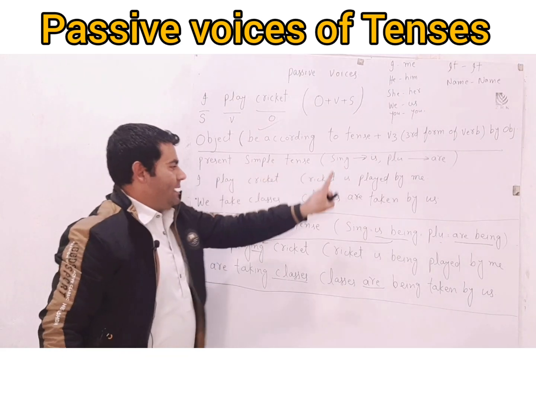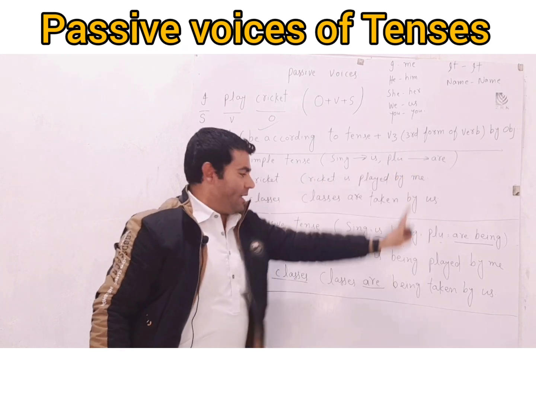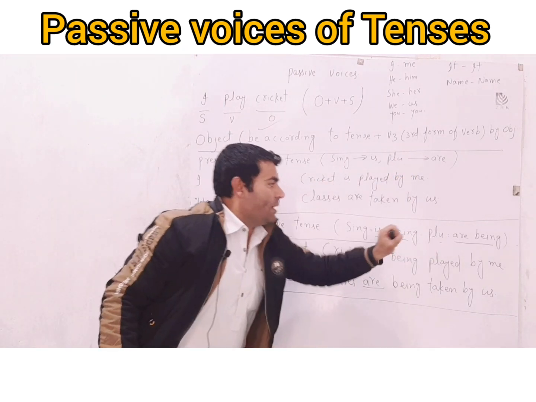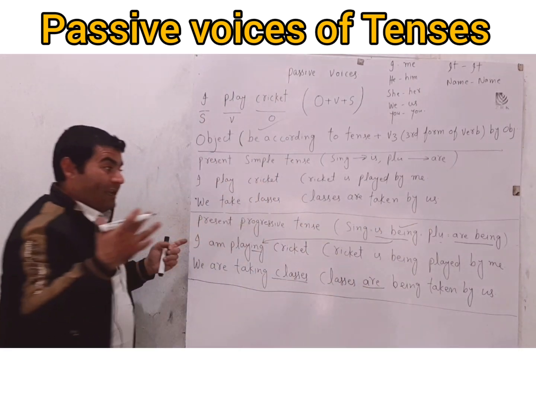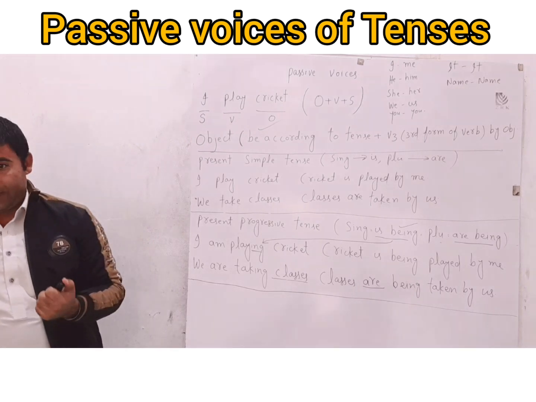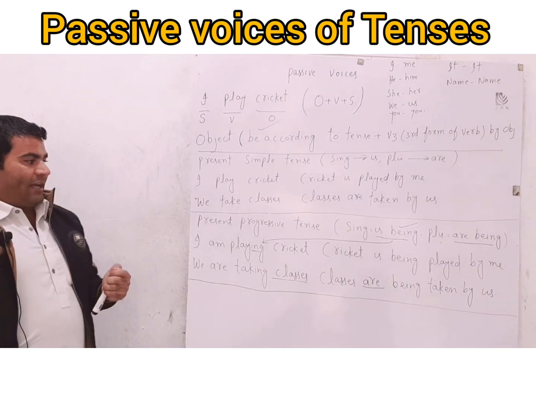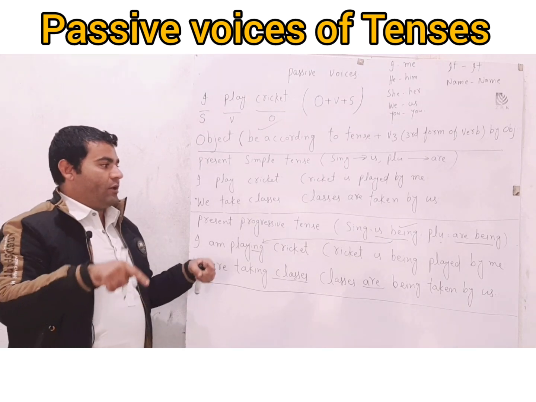Is is used here, and are for plural here, and are for plural here as well. But what is different? Only being. And why did we introduce being? Because ing is the fourth form of the verb.